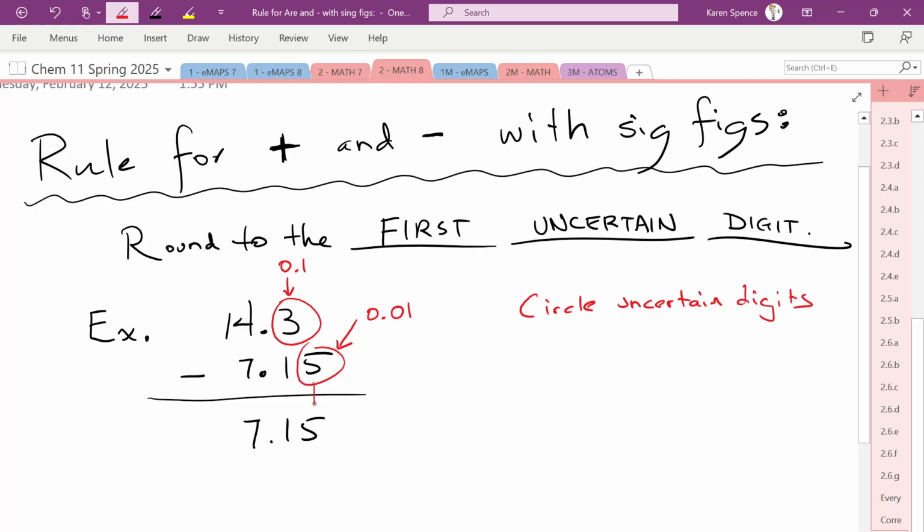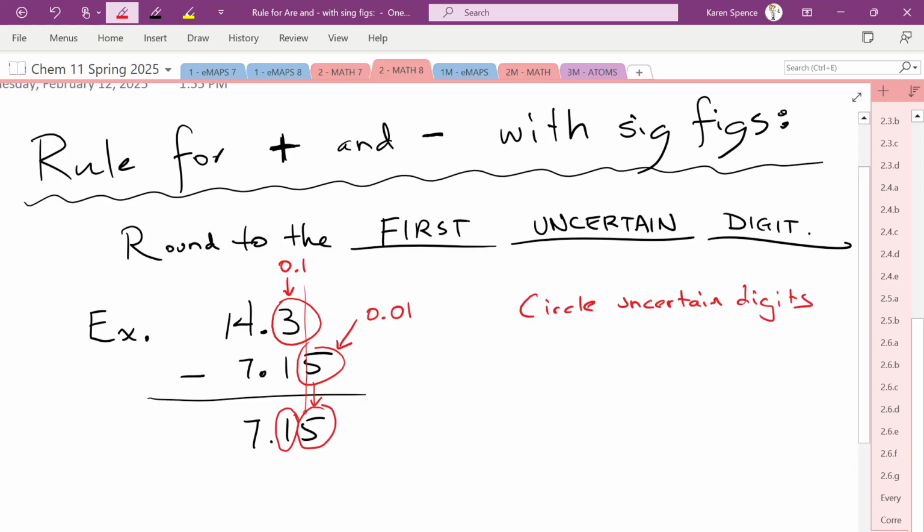But we do know that this 5, the uncertainty, makes that hundredths position uncertain. And we know that this 3 makes this digit also uncertain. How many uncertain digits are we allowed to have? Just 1.